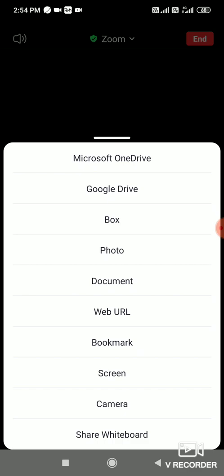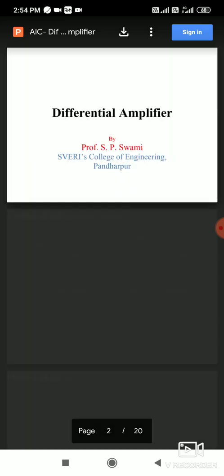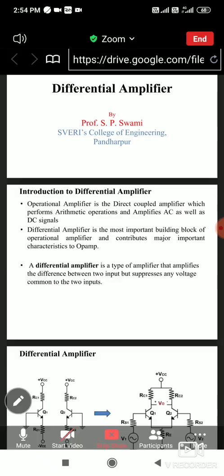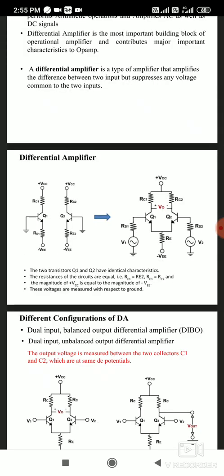So again we are moving towards the PPT now. Okay, now the screen is visible.